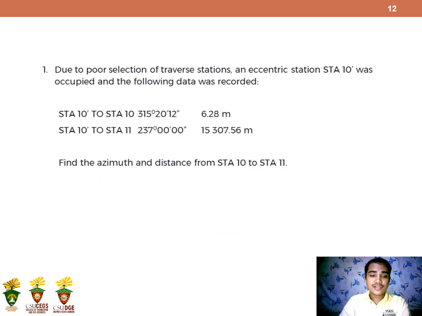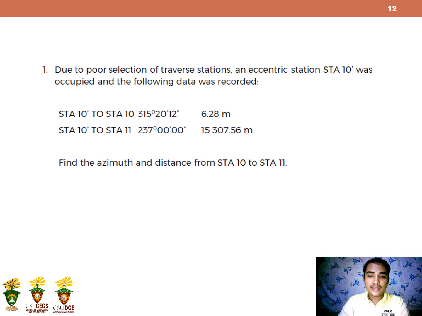Due to the poor selection of traverse station, an eccentric station, which is named station 10 prime, was occupied and the following data was recorded. The true stations are station 10 and station 11, and the eccentric station is station 10 prime. Station 10 prime to station 10 has an azimuth of 315 degrees, 20 minutes, and 12 seconds, and a distance of 6.28 meters.